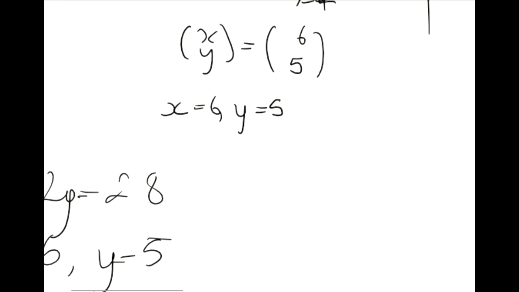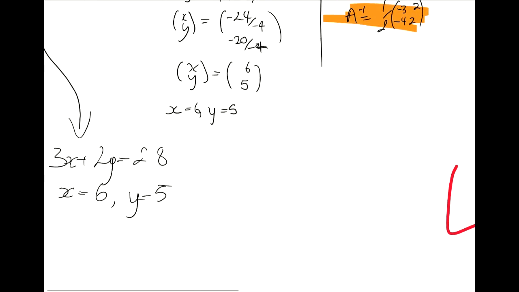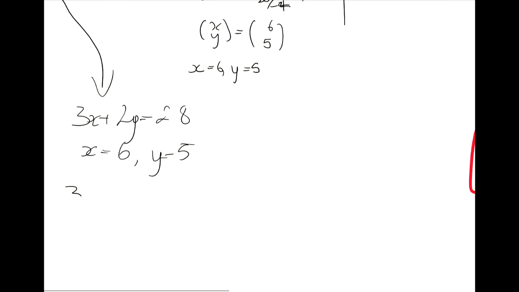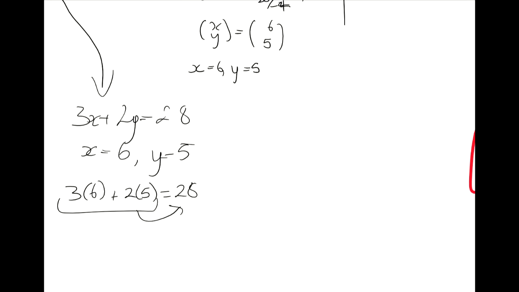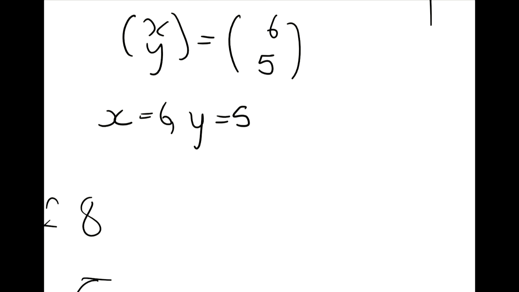So instead of writing 3x plus 2y equals 28, we can write 3 times 6 plus 2 times 5 equals 28. And if we work this out and we get out 28, then we're good to go. Okay, so 3 6s are 18, and 2 5s are 10, and 18 plus 10 is 28. So that means that this answer, x equals 6 and y equals 5, is correct.